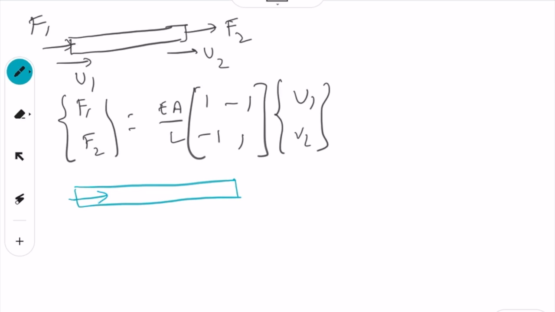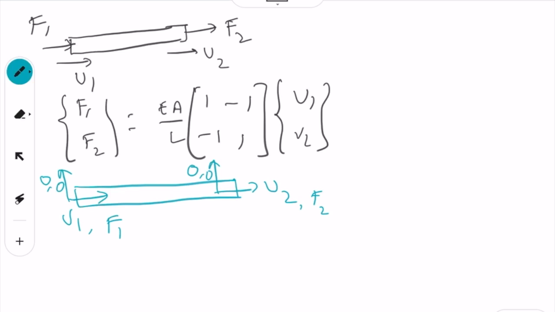So we have u1 and we have 0, then you have u2 and we have 0, and similarly the forces f1 and then we have 0, 0 and f2 and we have 0, 0 system.